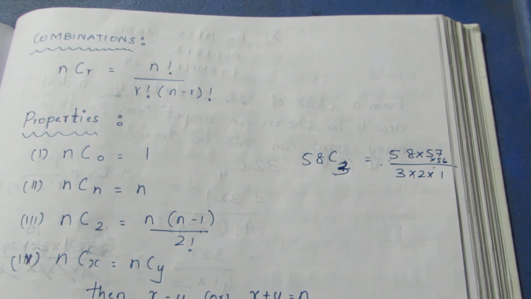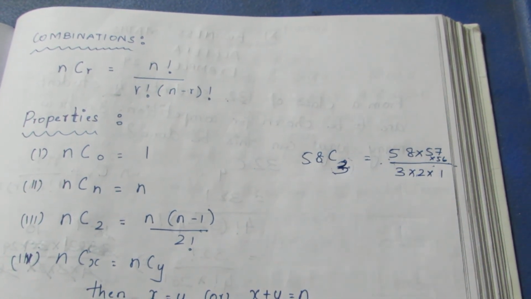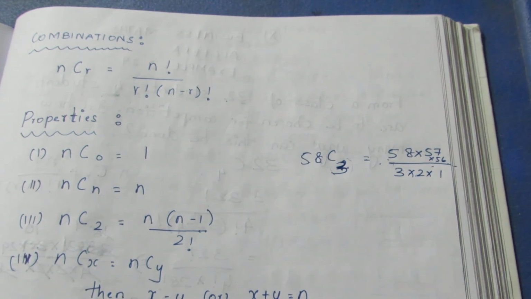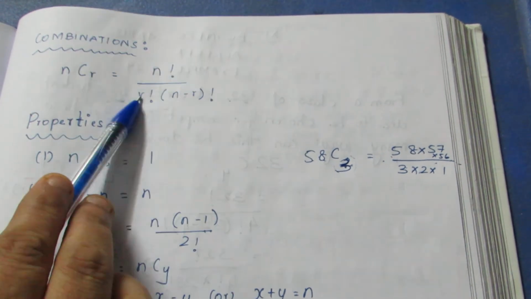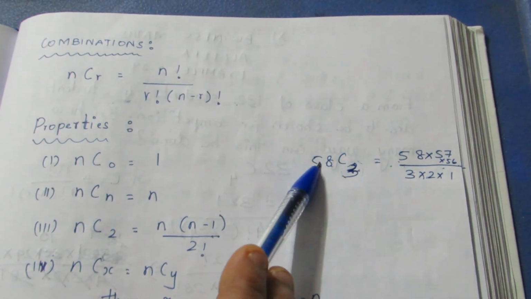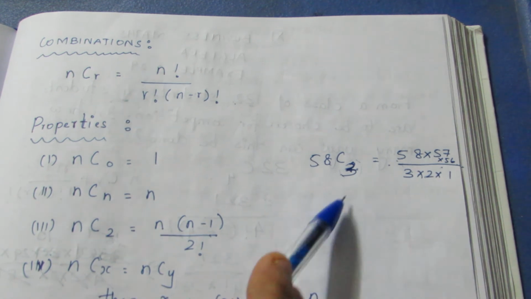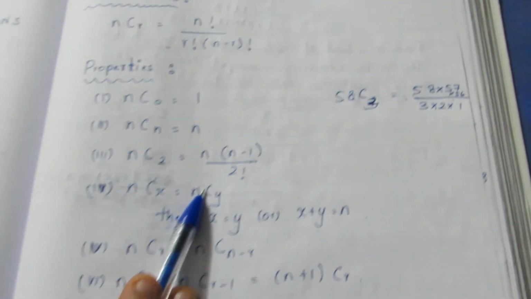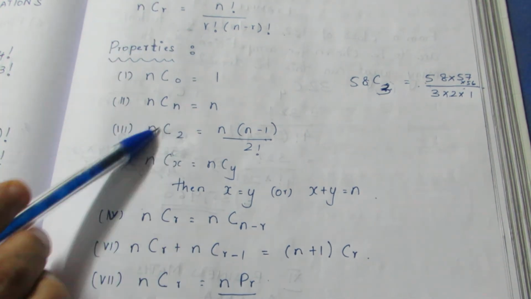So this is quite easy for you to solve. You can cancel and then multiply. It's quite easy. So remember that this formula is quite easier than the general one when it is a larger number of n and a smaller number of r. So you can use this formula. The answers will be the same for both.